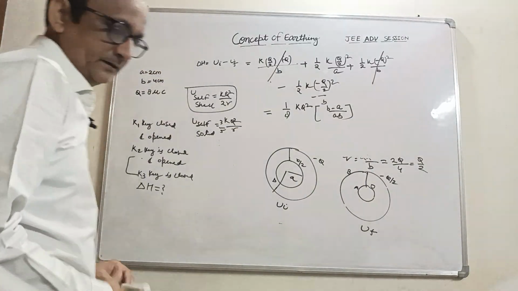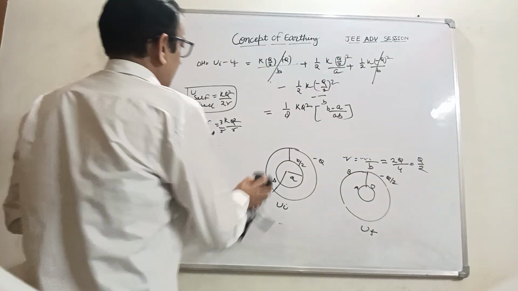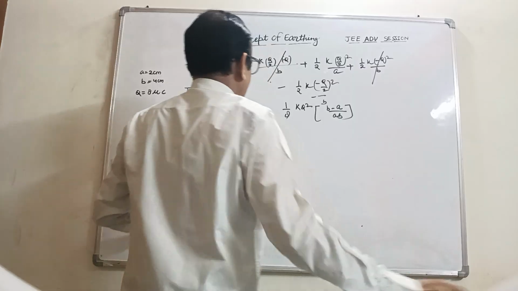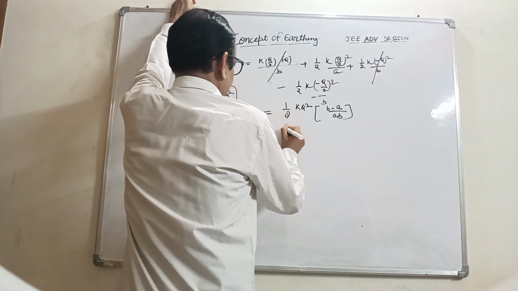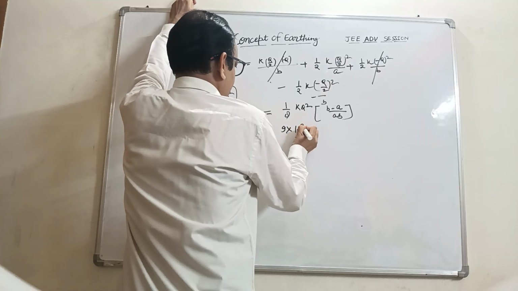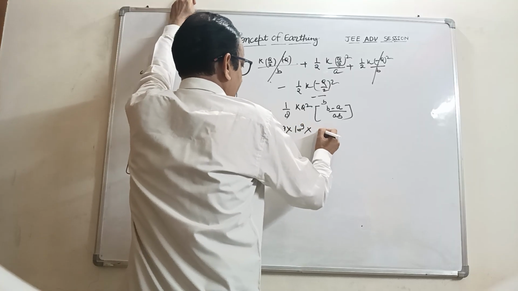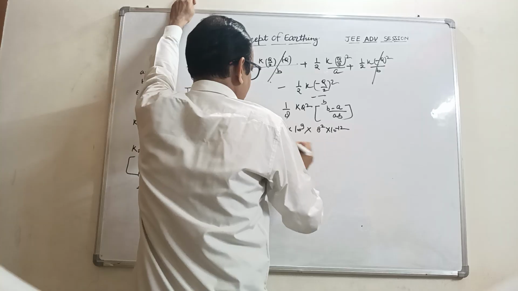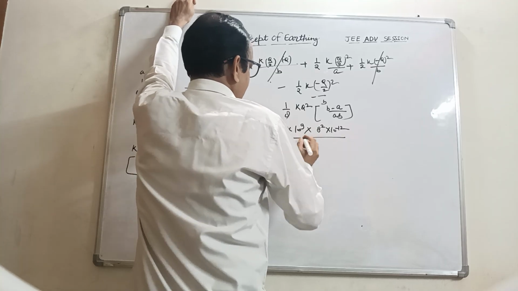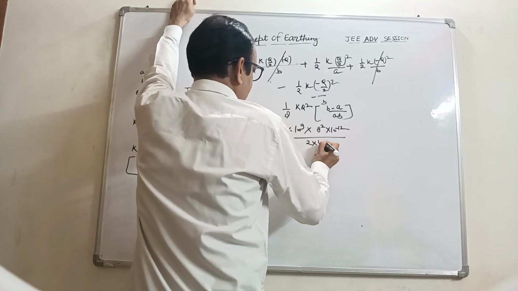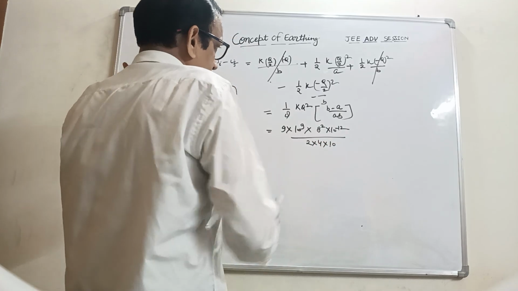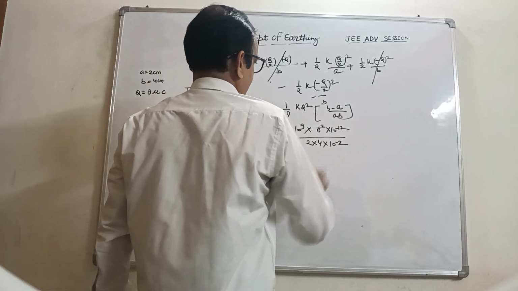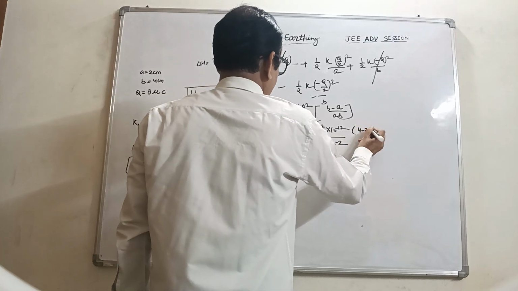So after solving this term, the value of K is 9 into 10 to the power 9, and the charge is 8 microcoulomb, 8 square into 10 to the power minus 12, and AB would be 2 cross 4 into 10 raised to power minus 2, since this is in centimeters.